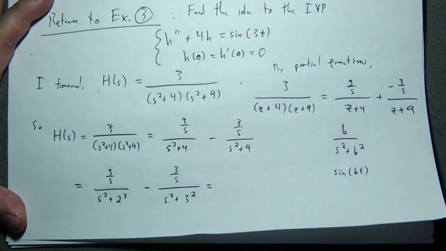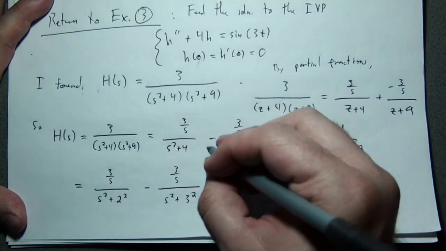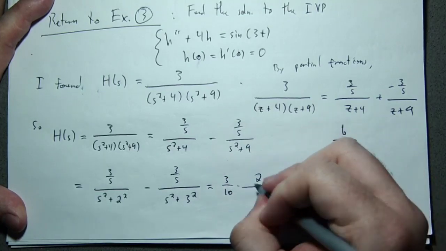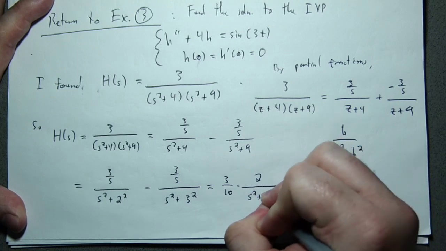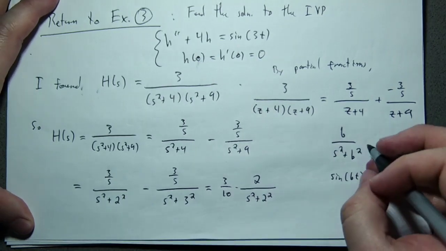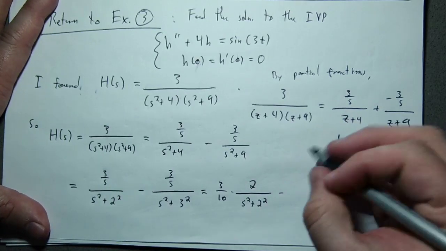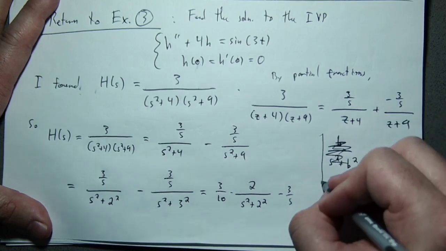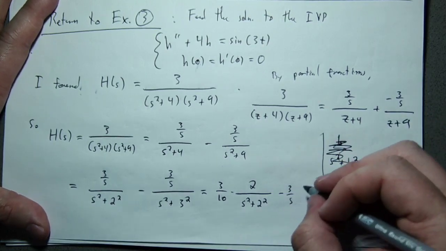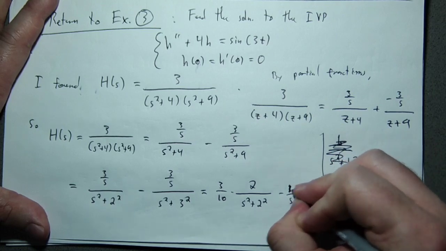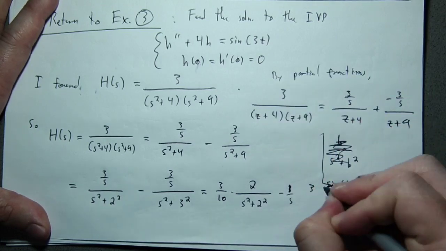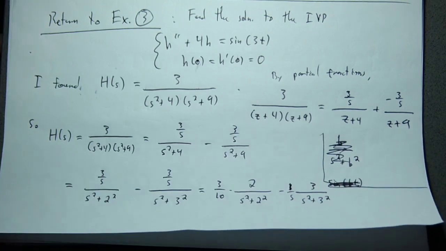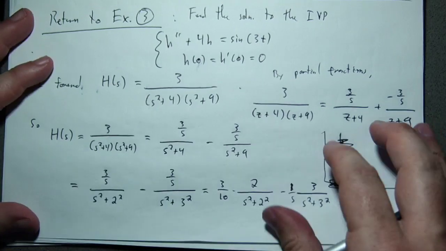So this is going to be 3/10 times 2 over s squared plus 2 squared, minus, sorry, not 3/5, 1/5 times 3 over s squared plus 3 squared. Now I'm ready.